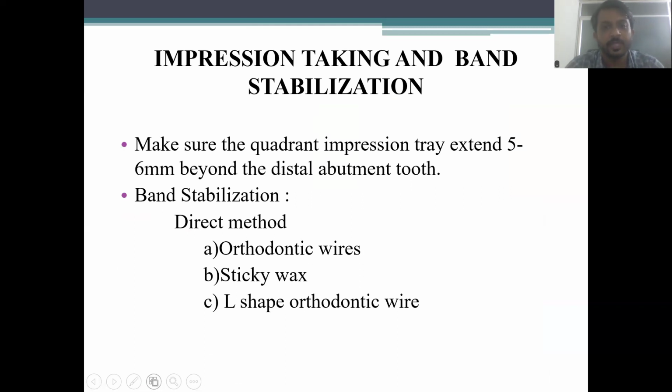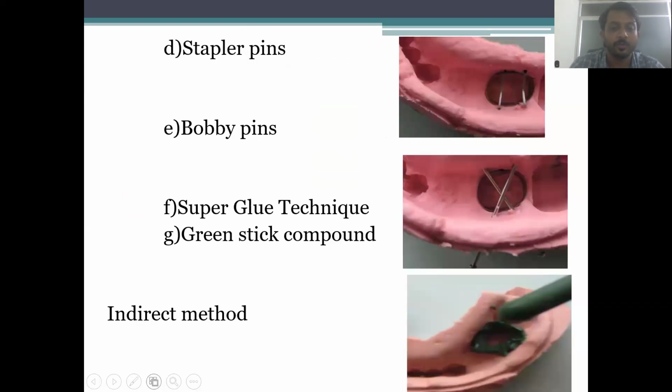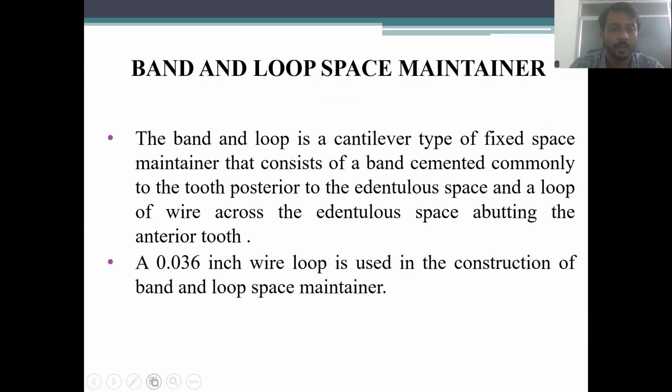So, the impression taking and band stabilization. Make sure that the impression tray extends 5 to 6 mm beyond the distal abutment tooth, and band stabilization can be done using the direct method or indirect method. Direct methods use orthodontic wires, sticky wax, and L-shaped orthodontic wires. Stapler method, bobby pin method, super glue technique, and green stick compound can also be used for stabilizing the band.